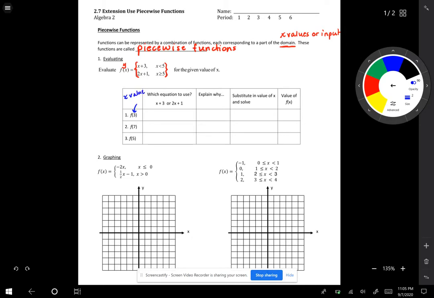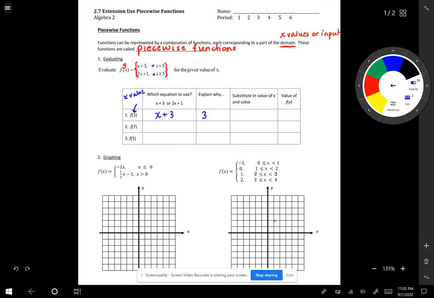So if you look at f of 3, the number 3, is it less than 5 or is it greater than or equal to 5? Well, we know it's less than 5. So because it satisfies the top part, then we're going to use x plus 3. Explain why.